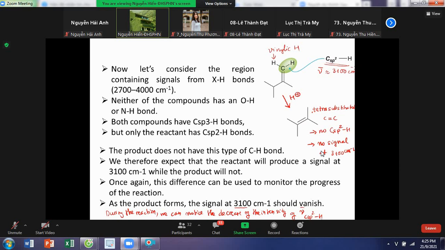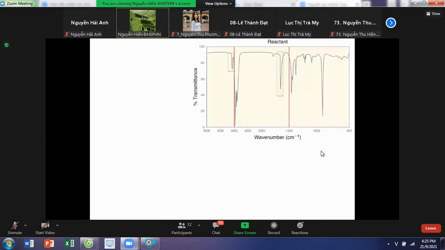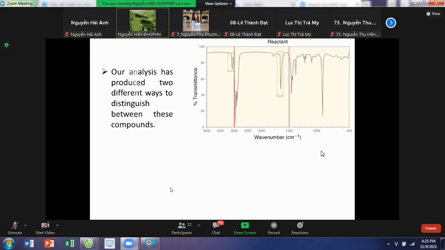Okay, so two differences. The first difference is in the range of the double bond, and the second difference is in the range of the C-sp2-H bonds. So now you have the real pictures of these two compounds. The first one corresponds to the starting material.